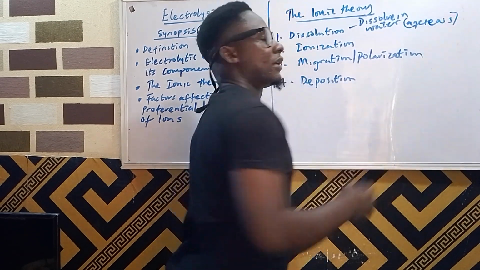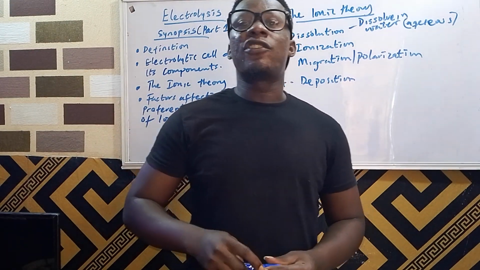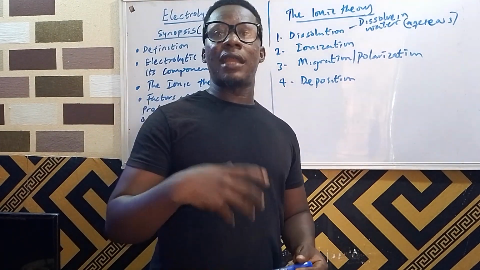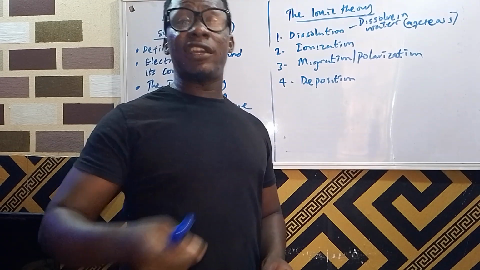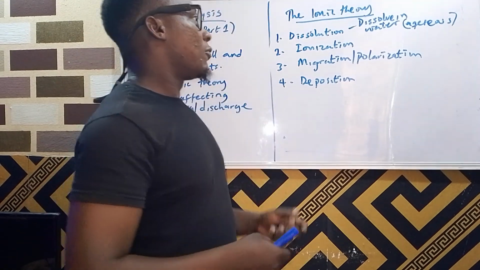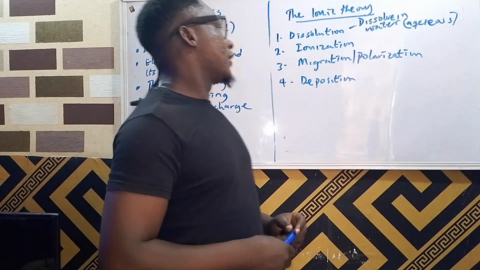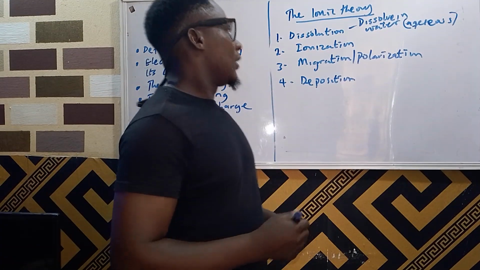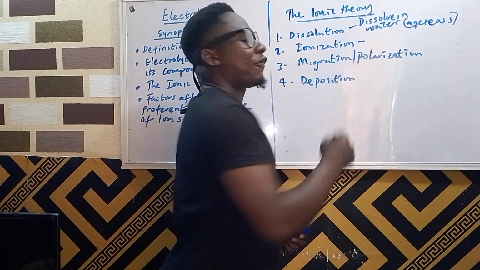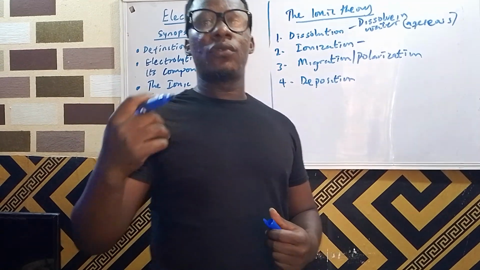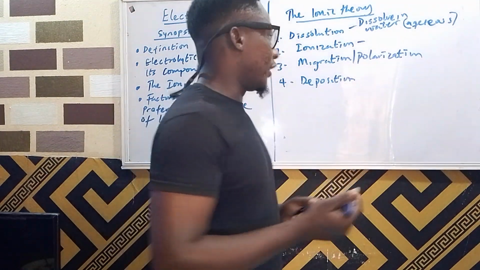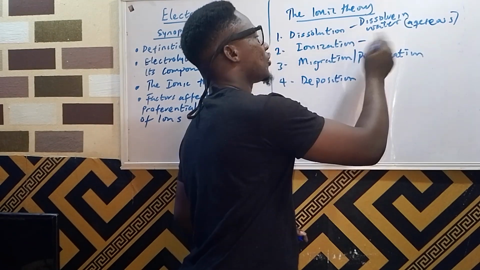When you dissolve a substance, most especially a salt, an acid, a base, which are usually used for electrolyte, when you dissolve them in water, they become aqueous. So when they become aqueous, they turn from being an atom to ion.